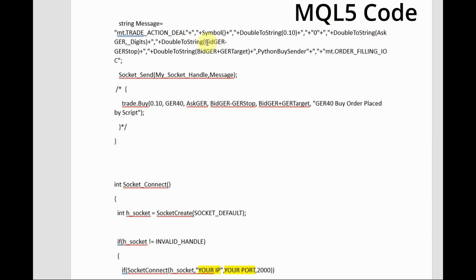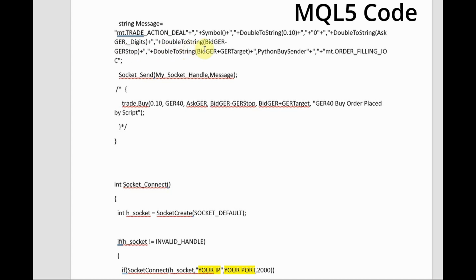Double to string the bid price less the stop that we want to place. So whatever the bid price is, we're taking off 40 points, which we referred to up higher. So it's say 15,000, take 40 points, so it'll be 14,960.